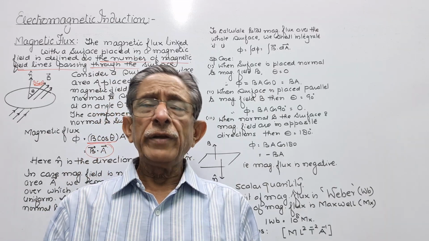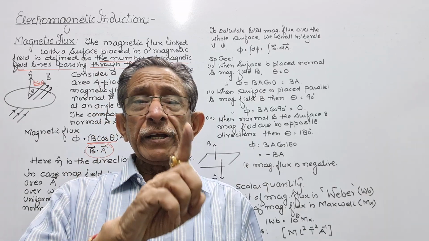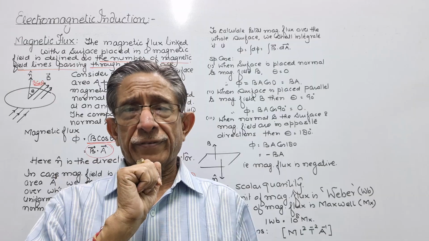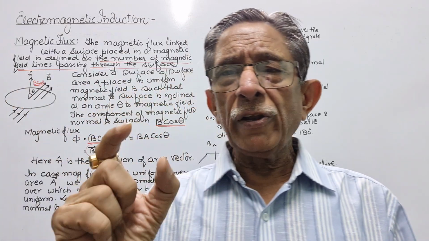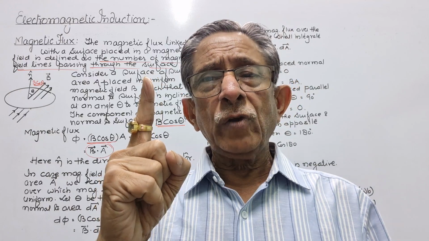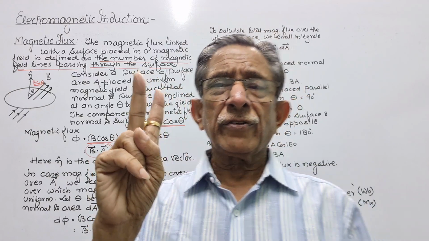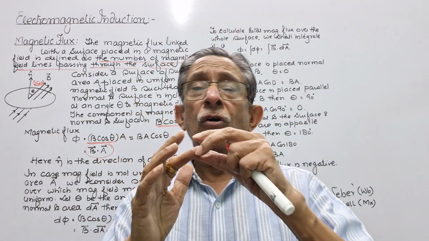In order to calculate magnetic flux over the whole surface, what shall we do? We know when small is given and total is to be calculated, we have two functions, either summation or integration.